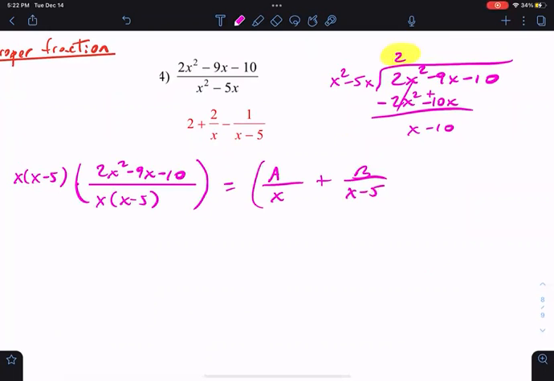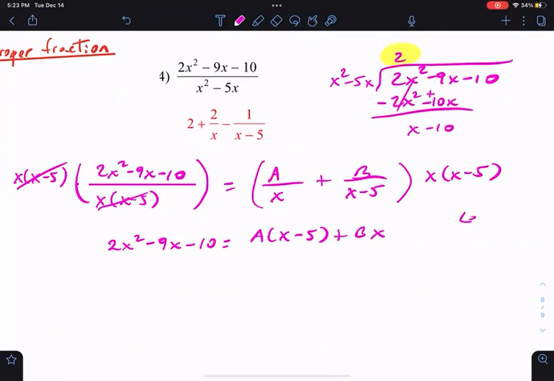If you multiply both sides by this, you get 2x squared minus 9x minus 10 equals a times x minus 5 plus bx. If we let x equal 0, then this disappears, so you get negative 5a. This is 0, so that's negative 10. a equals 2, so you've solved for one of the variables.